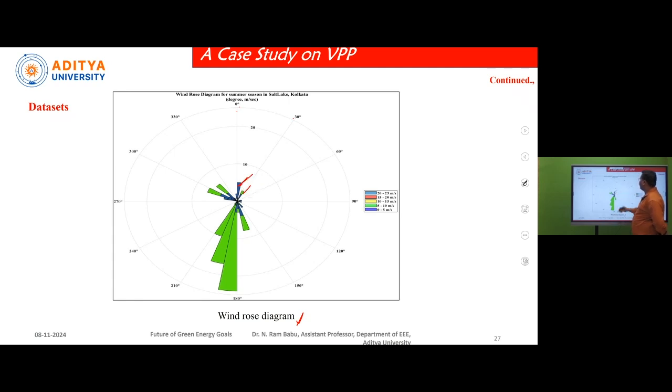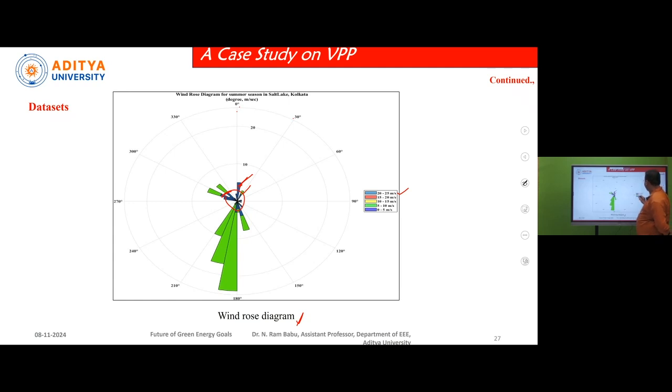If you observe the blue color part, it means 20 to 25 meters per second is the wind speed. That means at 0 degrees, you will be getting a wind speed of about 20 to 25 meters per second, and from 0 to 330 like that. So in this range, you will be getting 20 to 25 meters per second.